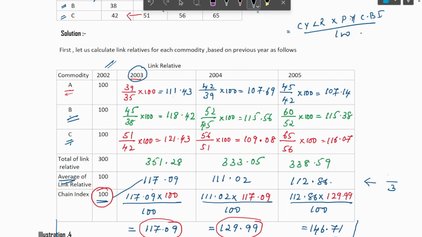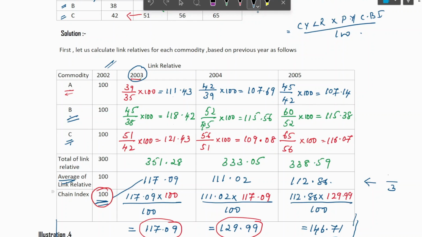Into the previous year chain base index, which I have written in red. You are calculating till 2005. For the starting year, the information for 2001 is not there. We assume that the link relatives are 100 and the chain base index is 100. Then only can you calculate the remaining years' chain base index numbers. Therefore, this is one example.